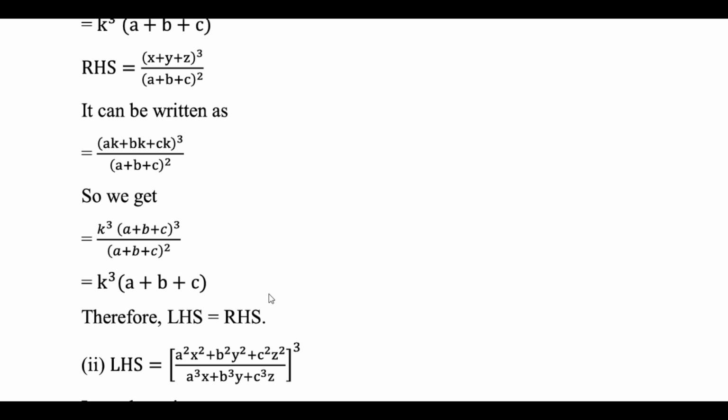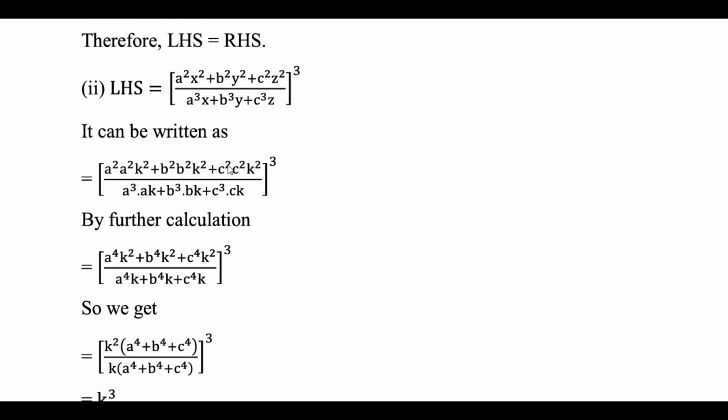Okay. After that, see the a square, that is I think number 2: a square x square plus b square y square plus c square z square divided by a cube x plus b cube y plus c cube z to the power 3. Okay. So again put a square will remain, and in place of x put ak.